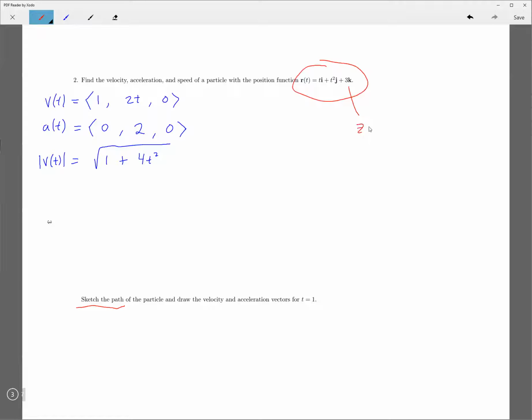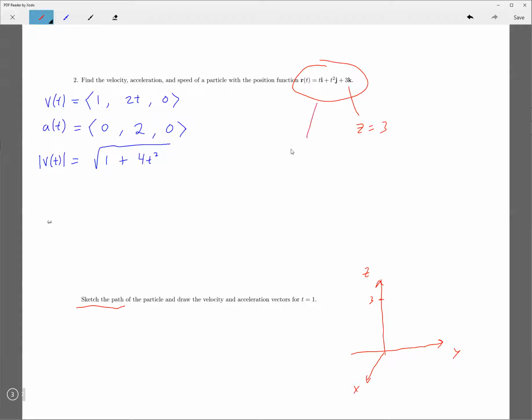You notice that the z is always 3. So if this is the z-axis, and the y-axis here, and the x-axis is coming out this way, then everything is going to be in the plane at z equals 3. That's what that 3 means.